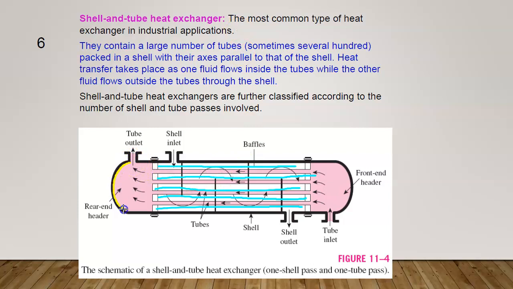Okay, these are the shell. Alright, later on we will see how the shell and tube heat exchanger functions.